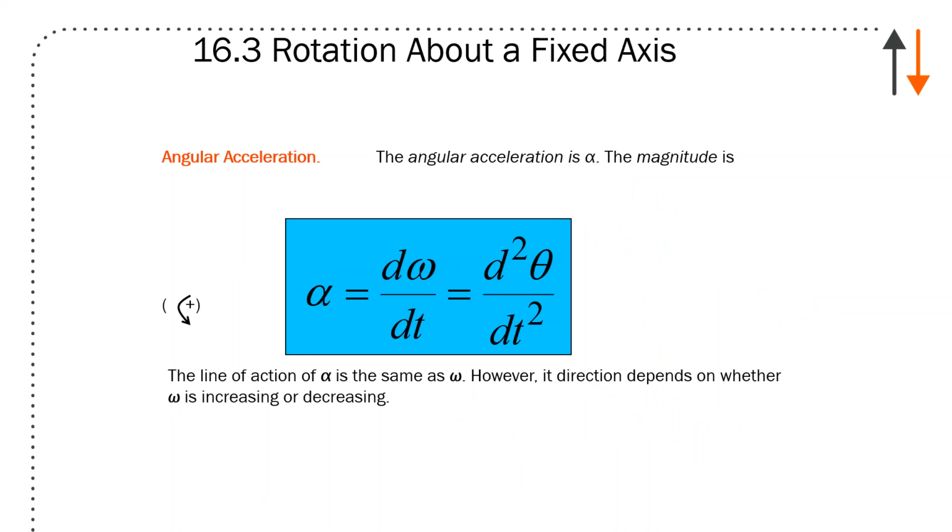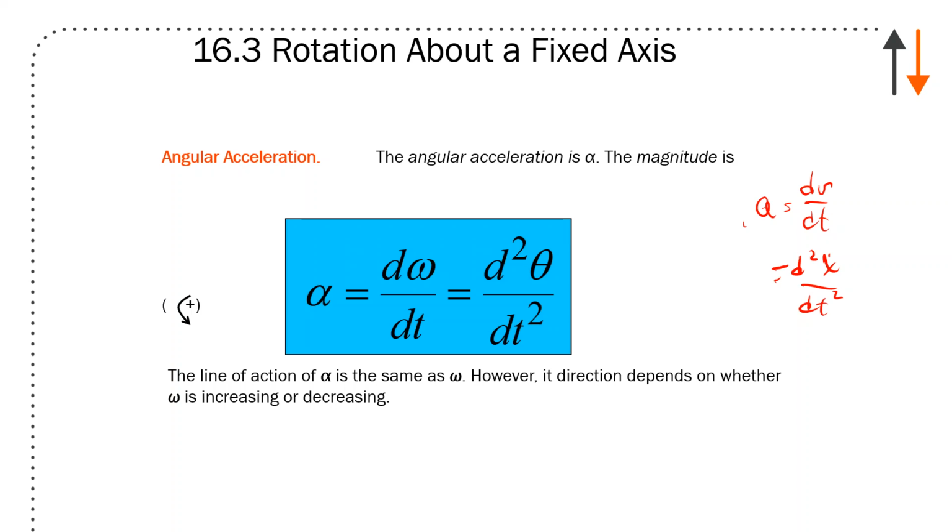The other thing that you have is angular acceleration. Alpha is equal to the derivative d omega dt, which again is not a surprise, and it should be something that you recognize from a equals dv dt. And alpha is equal to d omega dt, but it's also equal to the second derivative of theta with respect to time.